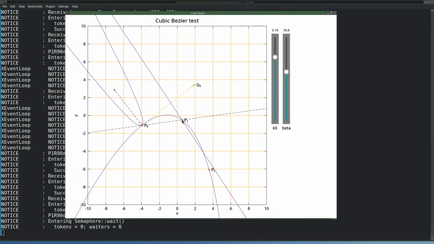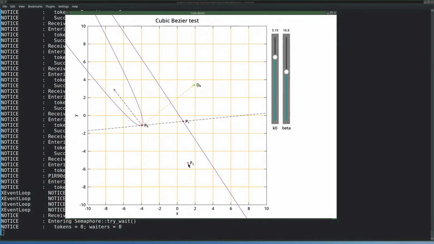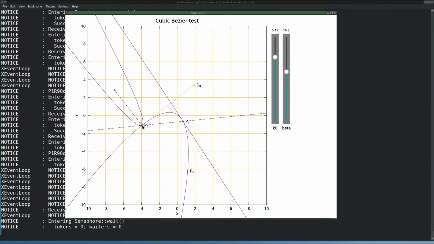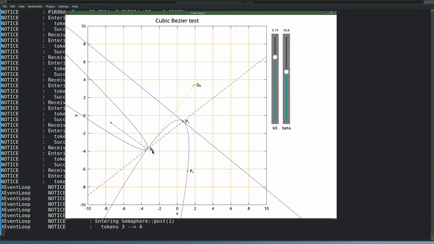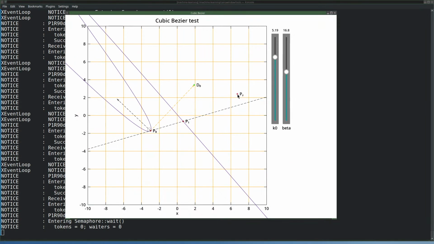Two variables, 3, 4, 5, 6, 7. Huh? While the quadratic Bezier has only 6 variables. So how can I enter 7 variables and fit 6 to them? Almost perfectly, until you try something weird like this.